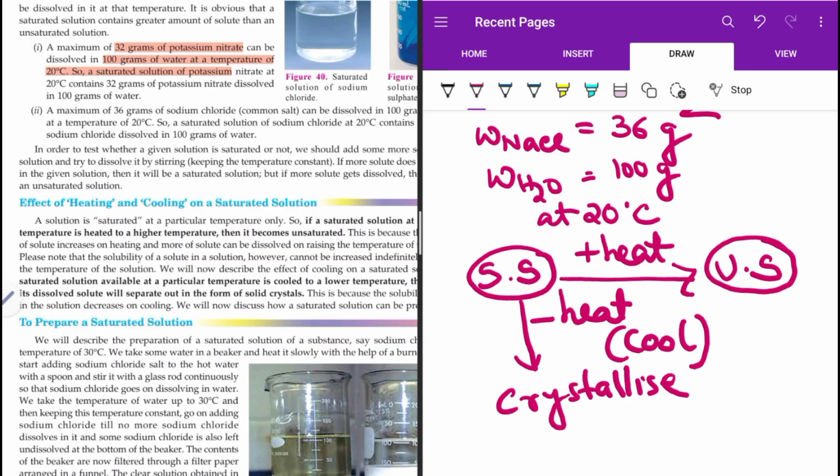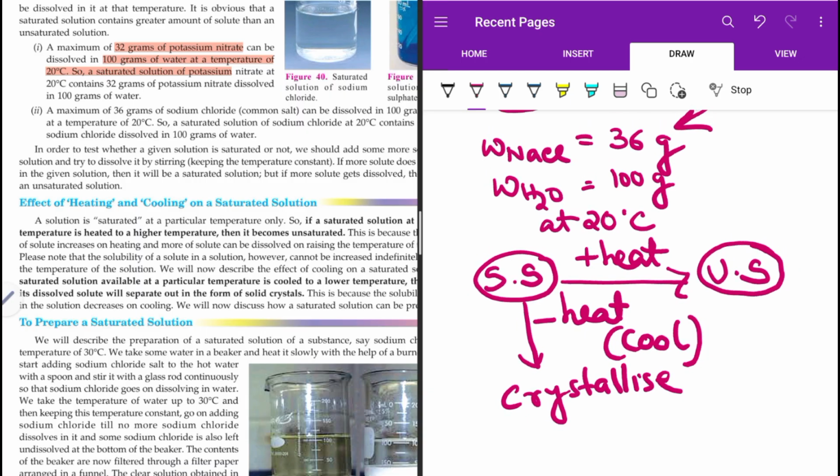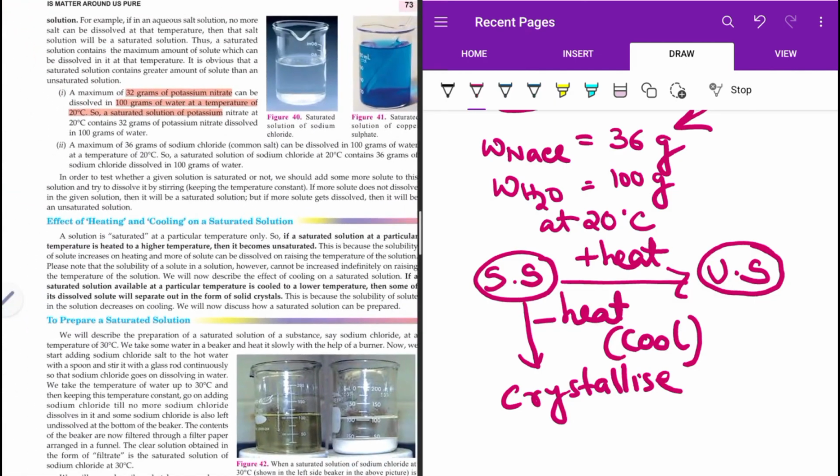Now, when you decrease the temperature, that capacity to hold the solute particles decreases because you are cooling it. The gaps between the solvent particles are decreasing, so that extra solute gets crystallized out, separated from the main bulk, and remains down as solid crystals.